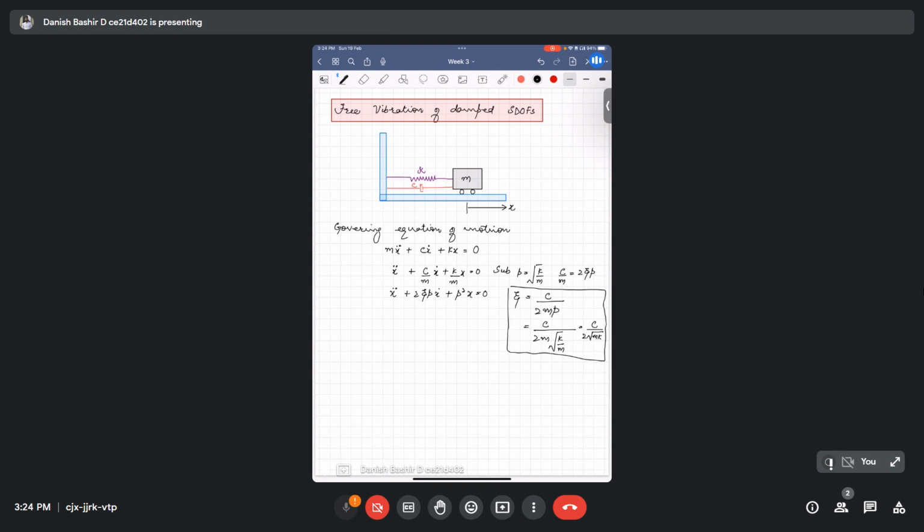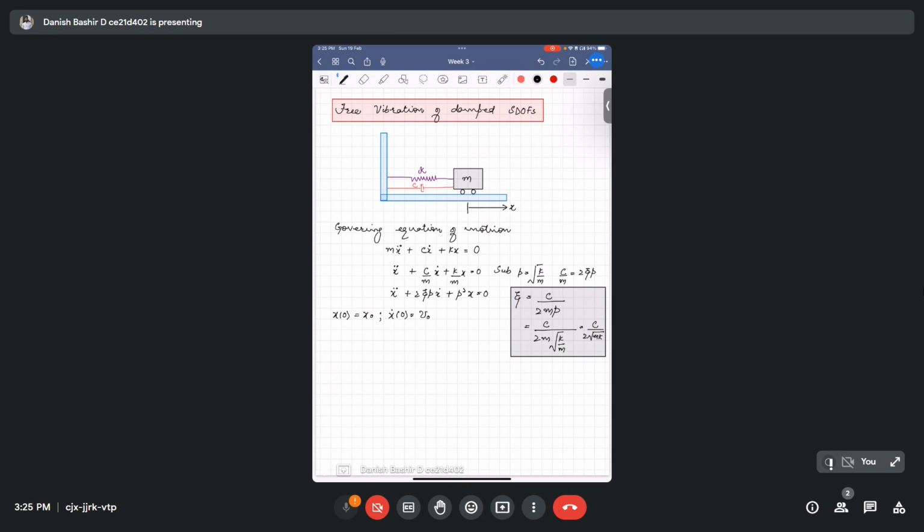These are some of the important factors in the vibrations of damped single degree of freedom systems. One more thing is that initial conditions are given. x at 0 will be x naught, and x dot of 0 will be v naught, the initial displacement and initial velocity of the system.